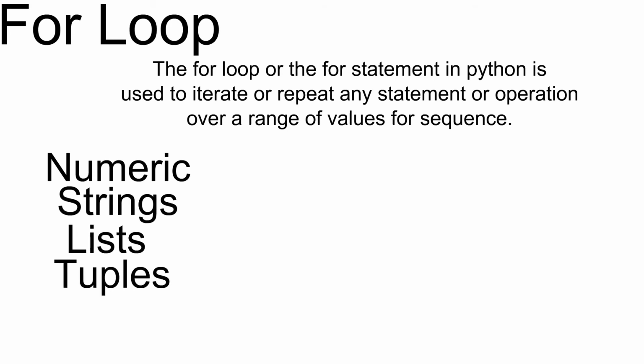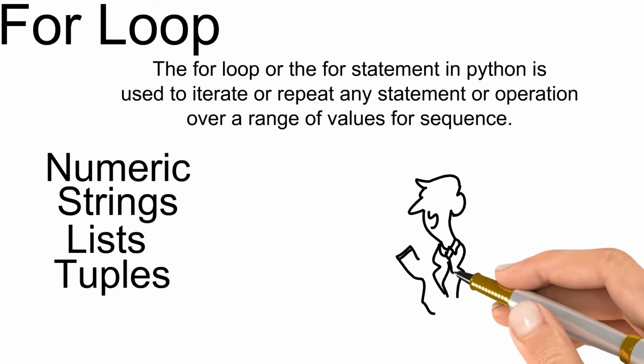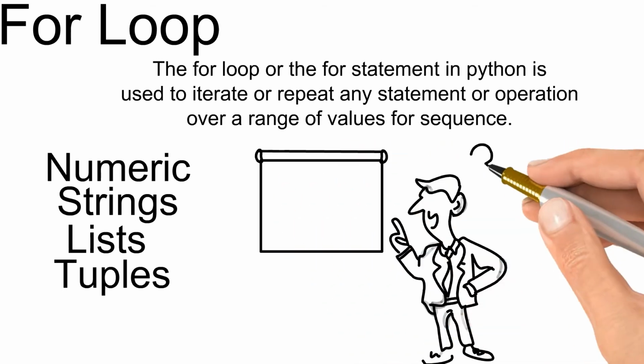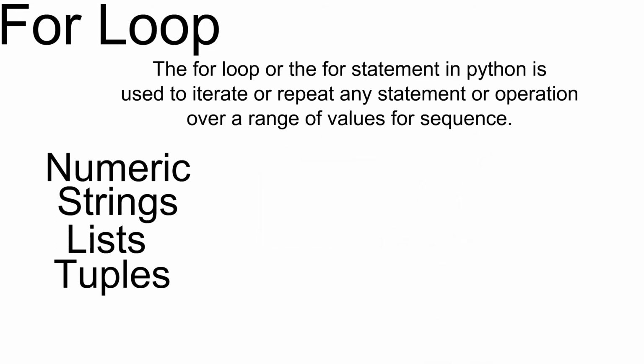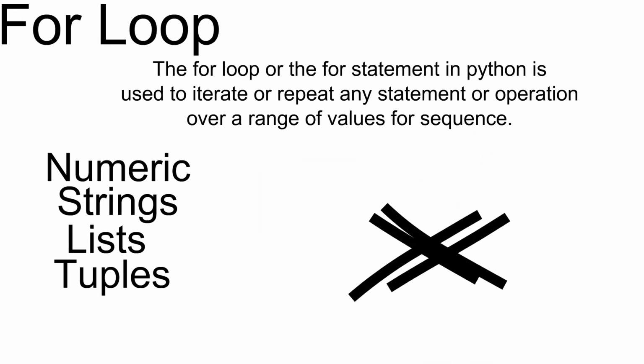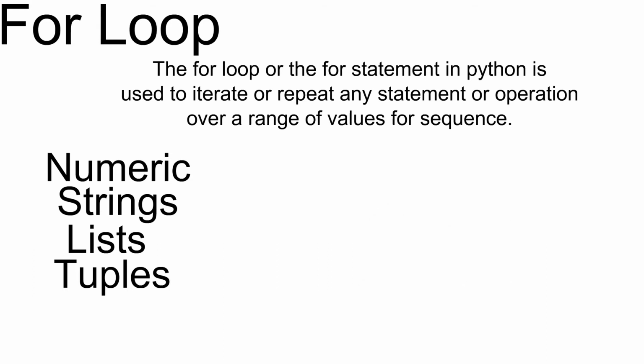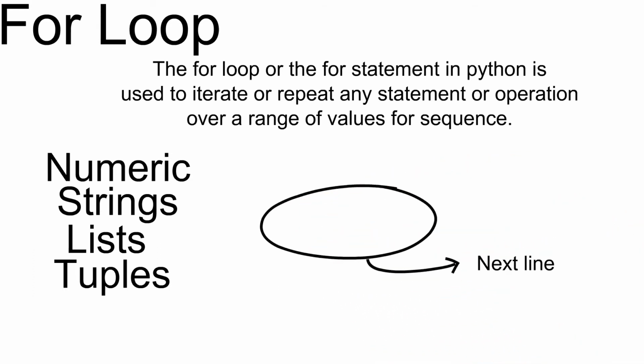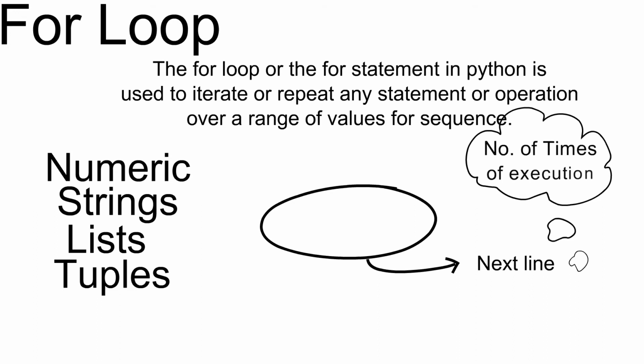With every iteration of loop, the control variable checks whether each of the values in the range has been traversed or not. When all the items in the range are exhausted, the body of the loop is not executed anymore. The control is then transferred to the statement immediately following the for loop. In for loop, it is known in advance how many times the loop is going to be executed.